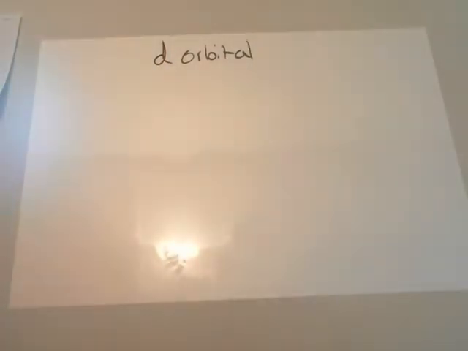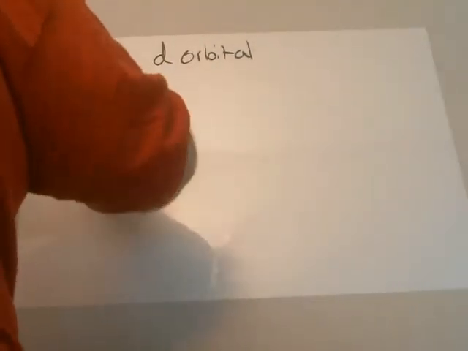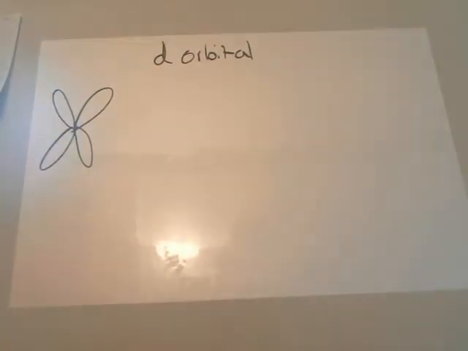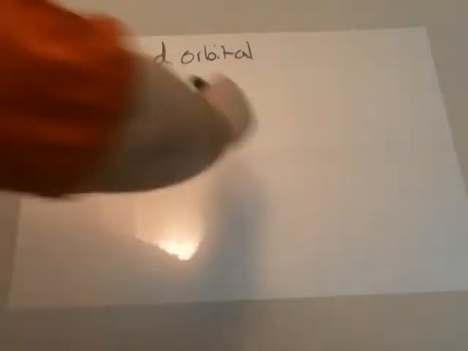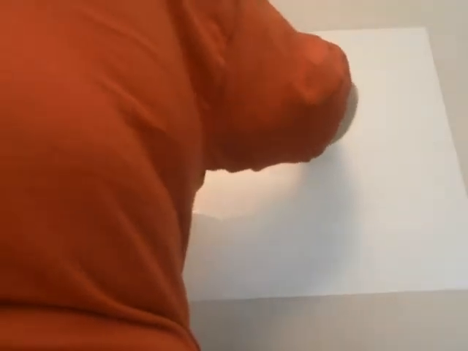Next we have the d orbital. I'm not going to be able to draw all of them, but I'll draw one just to show you what it looks like. It's kind of a double clover. There are 5 d orbitals per energy level.